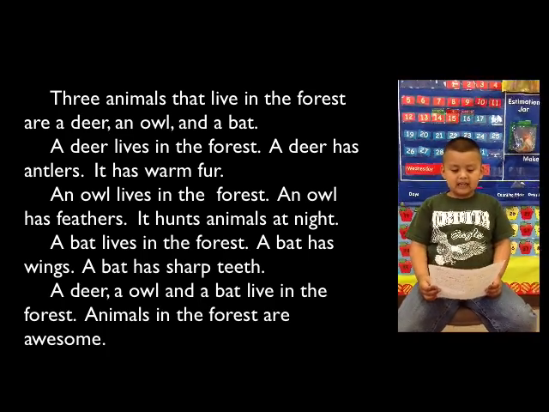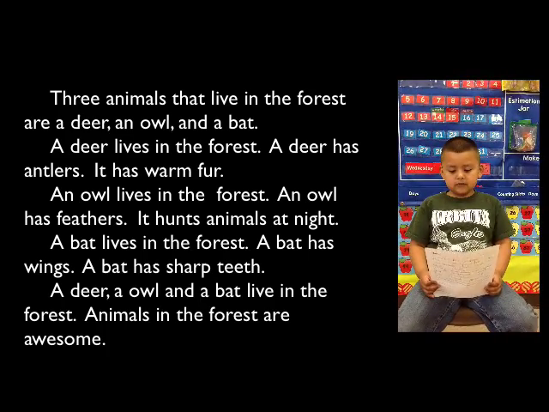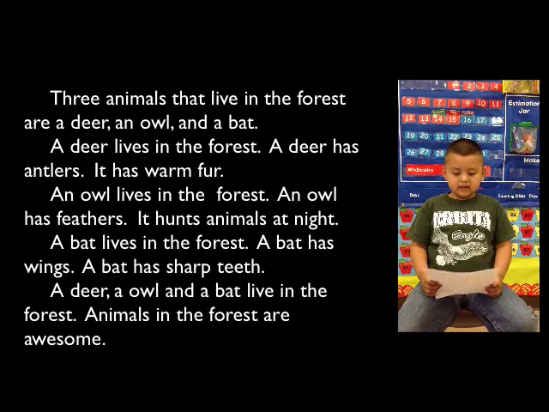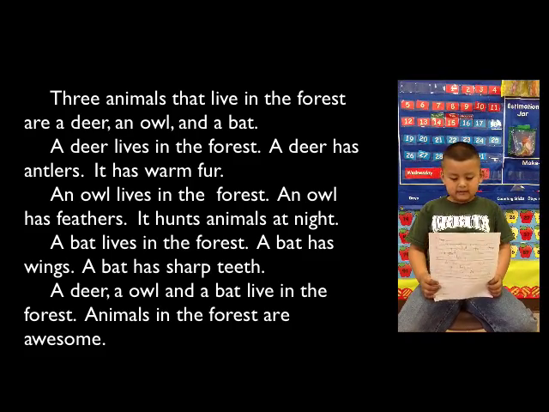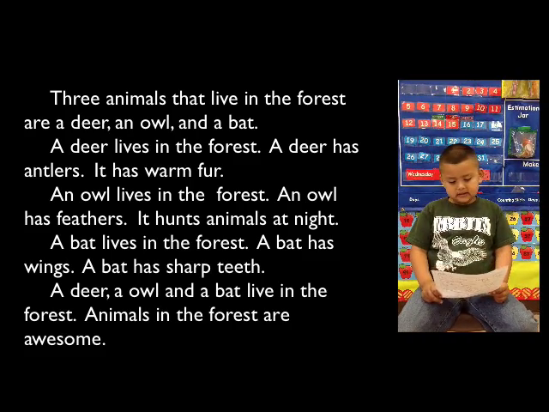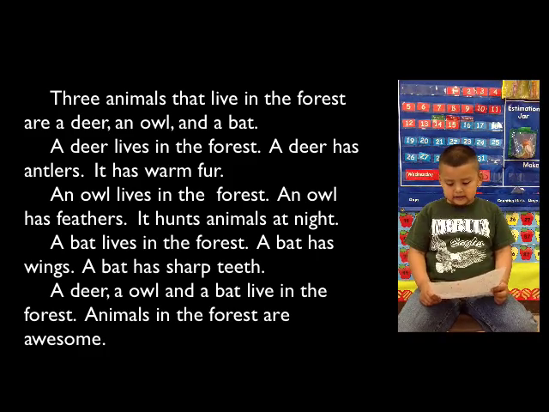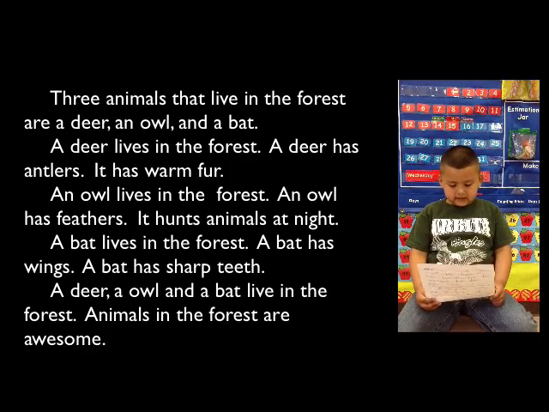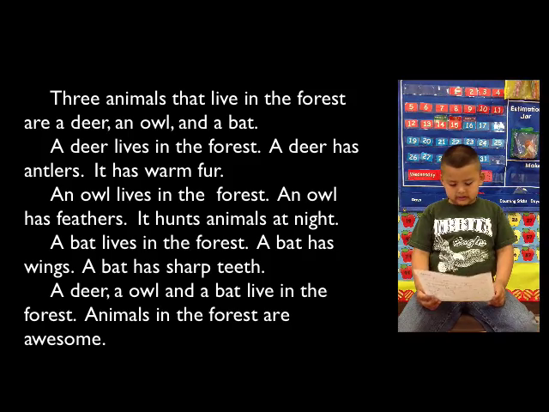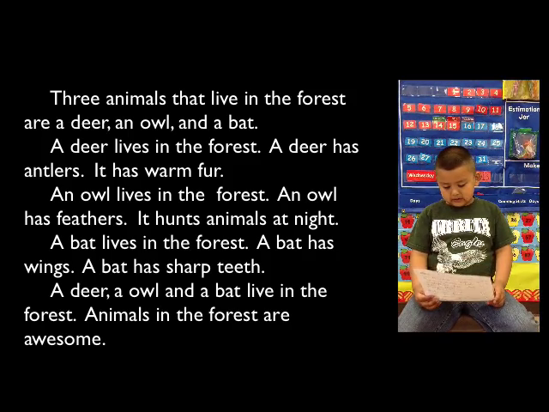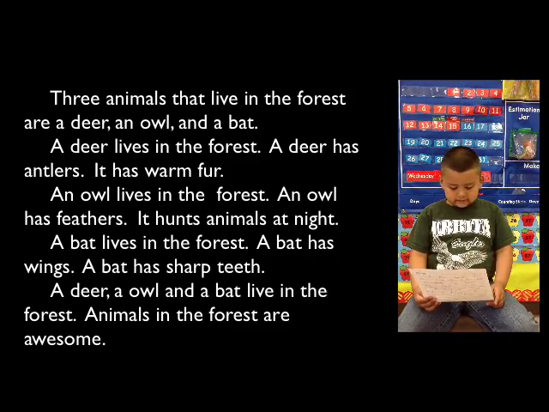3 animals that live in the forest are a deer, an owl, and a bat. A deer lives in the forest. A deer has antlers. It has warm fur. An owl lives in the forest. An owl has feathers.